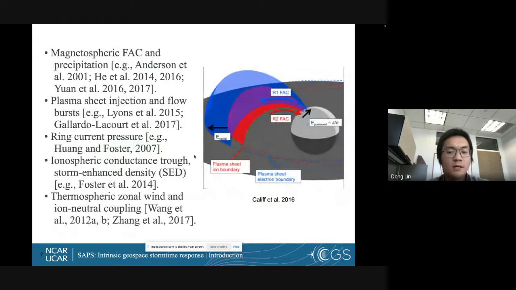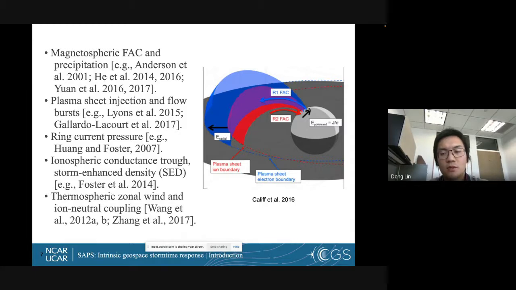More importantly, based on the studies so far, we have learned that SAPS are connected to a number of different aspects in the geospace. For example, they are closely related to the field-aligned currents that connect the ionosphere and the magnetosphere, which is then connected to the injections from the plasma sheet.